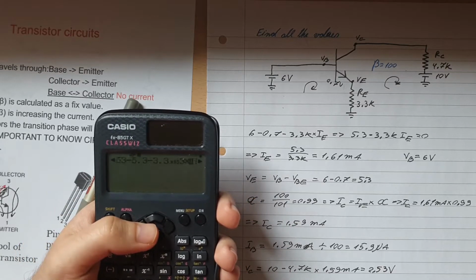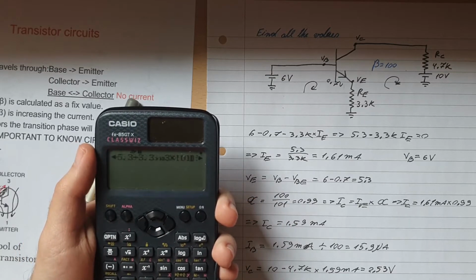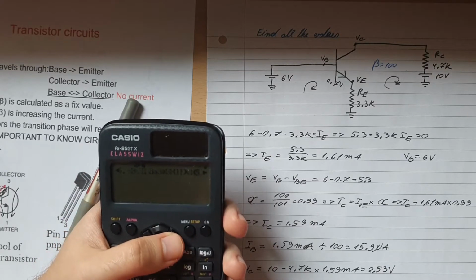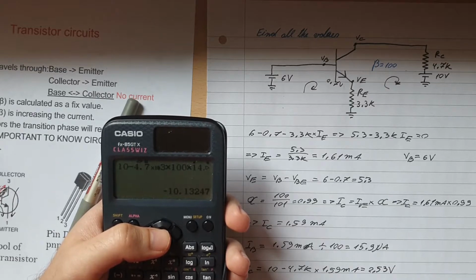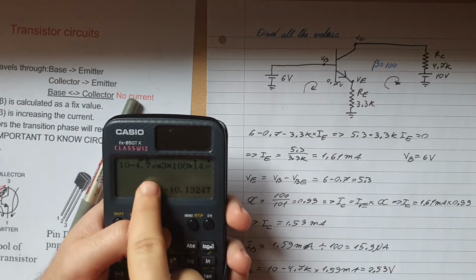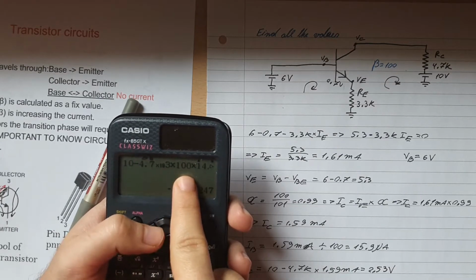Oh, and let me not forget the 101. Multiplied by that value. It's minus 10. Oh my god, not again. Okay, that's K. Okay, that's 100.